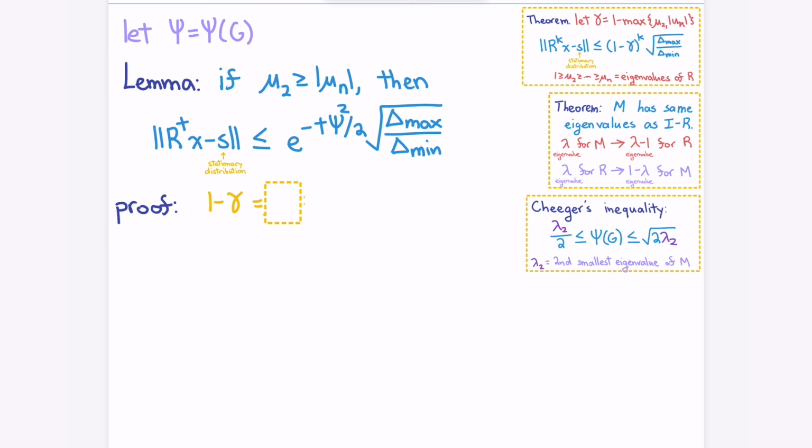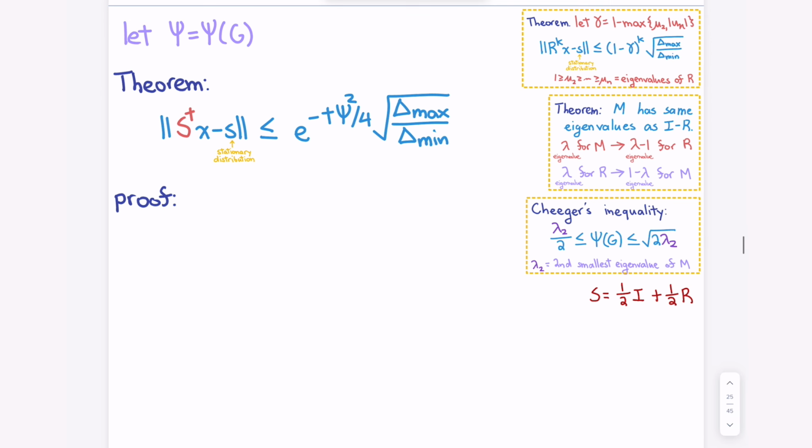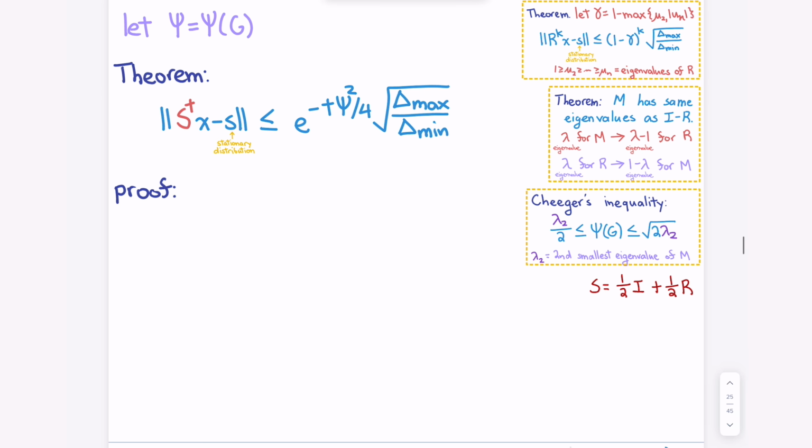Eventually we're going to show something that looks like this: the convergence is going to be e to the negative something to do with the conductance of the graph. So instead of converging based on the eigenvalues, it's going to converge based on the conductance. It's really just connecting those three things together.